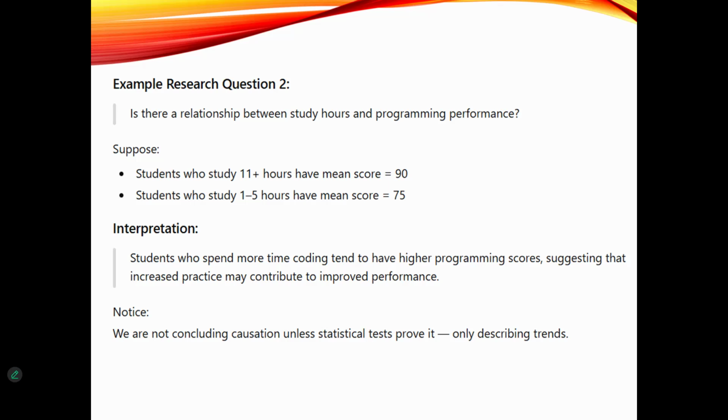So you notice that you are not concluding causation unless statistical tests prove it, only describing trends. Okay? So you need to have the data back up. Okay? You don't discuss that something is like this without statistical data.